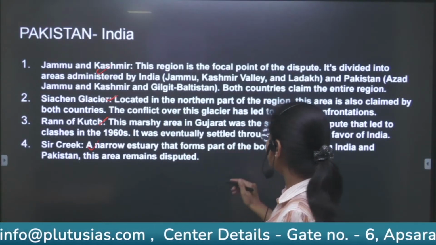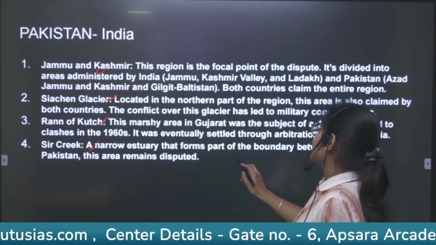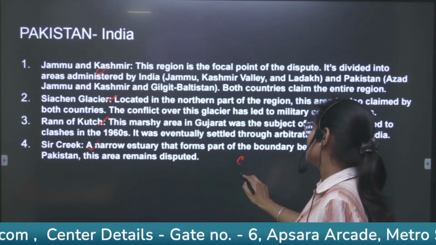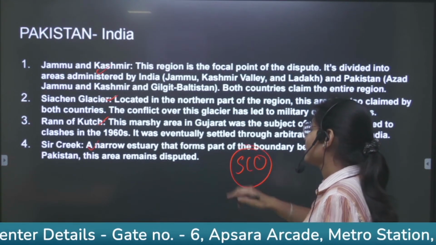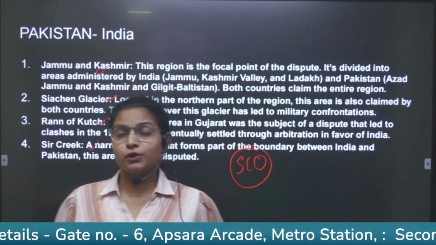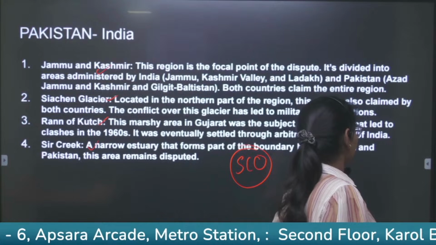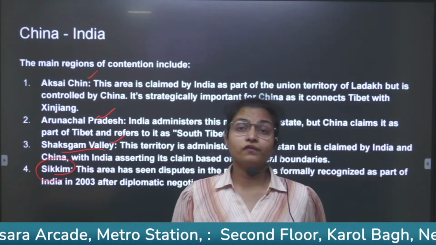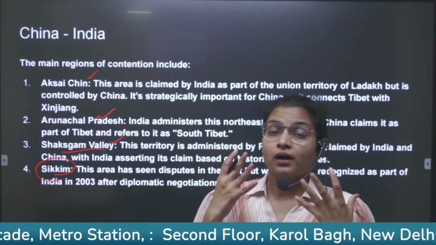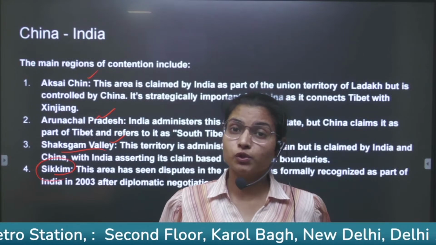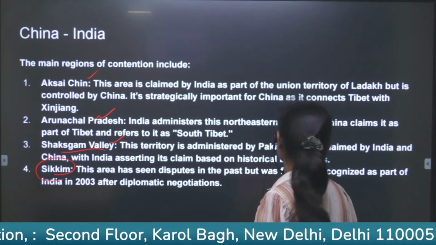And if we look at Pakistan and China, we have the SCO, the Shanghai Cooperation Organization. You can mention in the way forward or the conclusion that we can make use of this organization to strengthen the relationship with both countries.